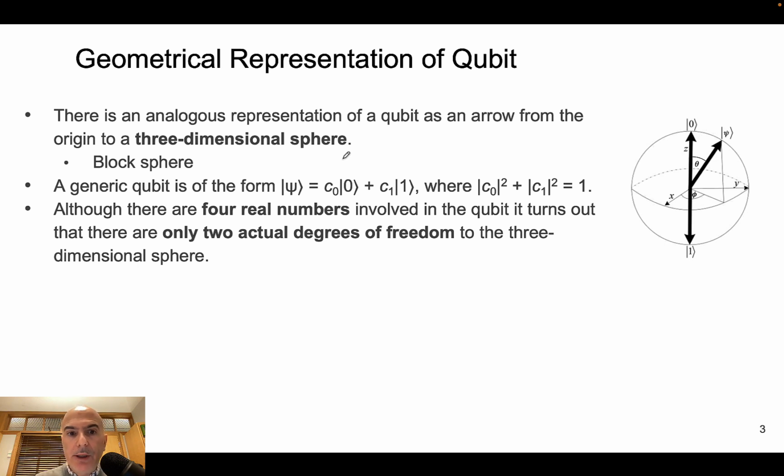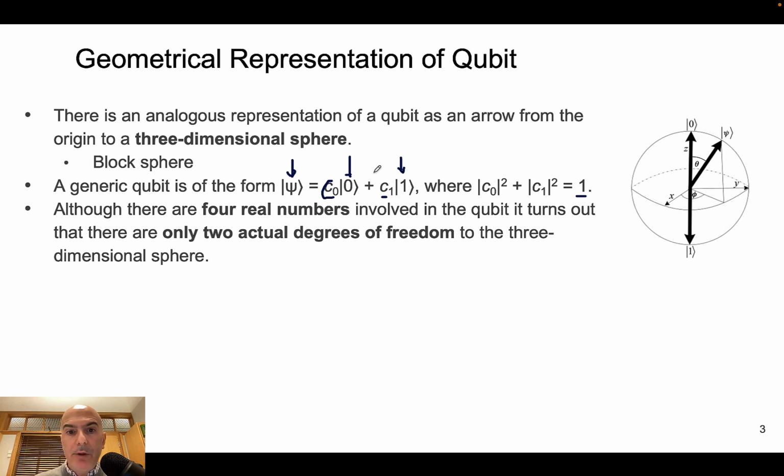A generic qubit is of the form psi, so we have our state psi that can be represented as a superposition of the basic states 0 and 1, and then as we saw before, these complex numbers are normalized, so the sum of the squared moduli of these two coefficients is equal to 1.